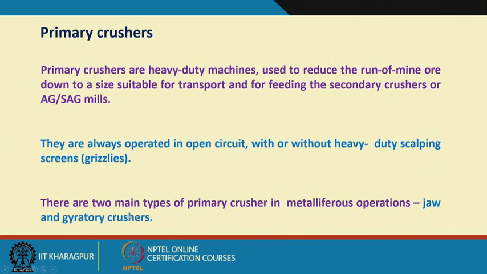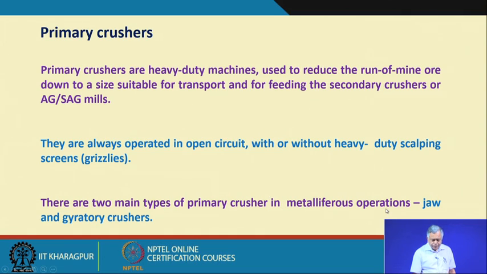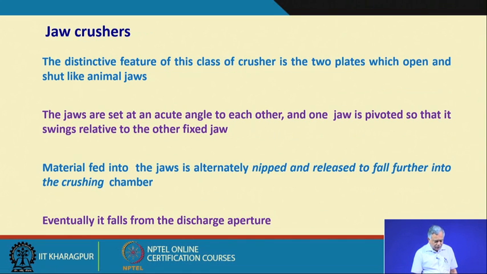There are two main types of primary crusher in metalliferous operations. One is called the jaw crusher, another one is called the gyratory crusher. So, let us discuss both of them briefly. The jaw crusher name has come from its similarity with animal jaws.